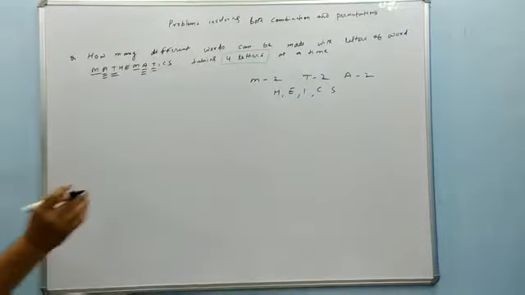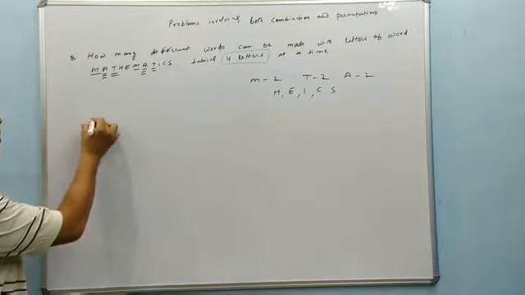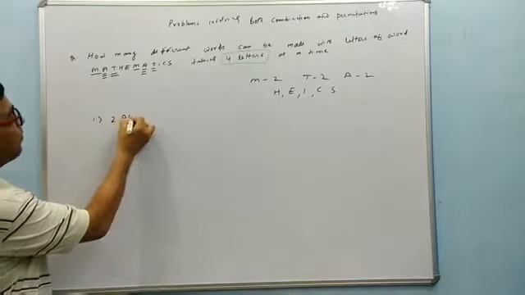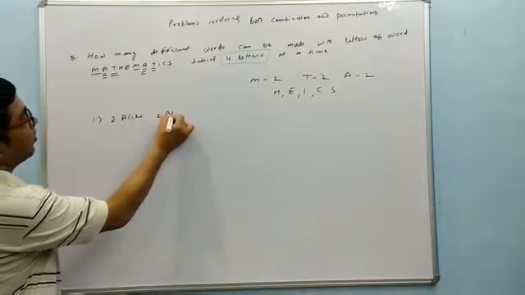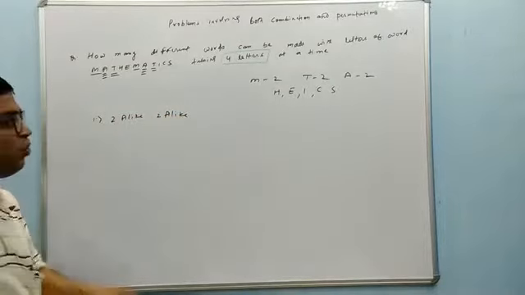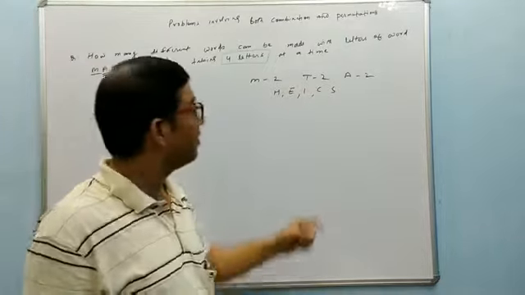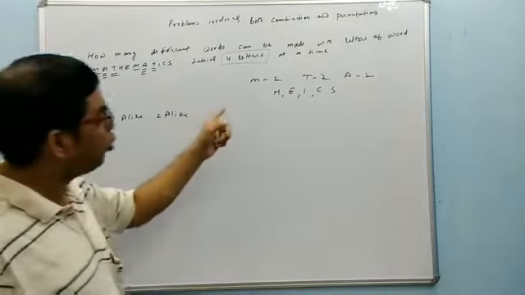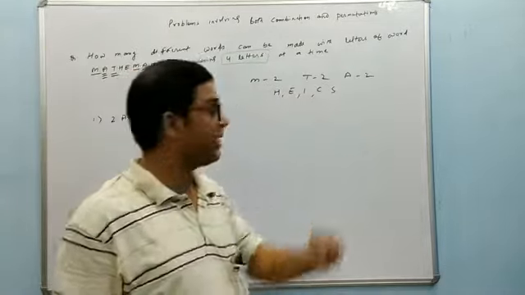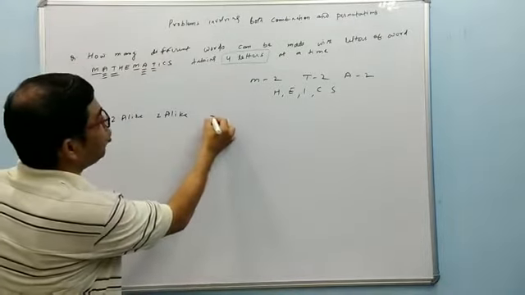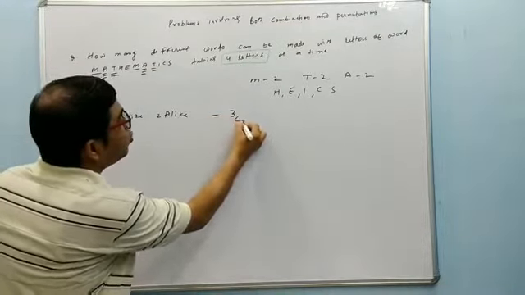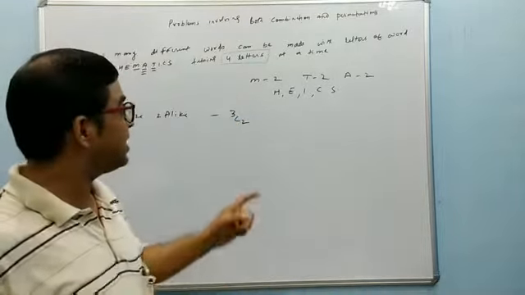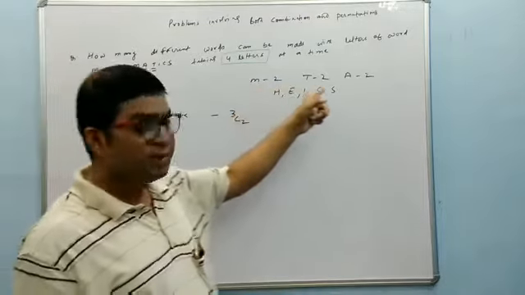See what is happening here. How many combinations we can make here? Case number 1. If we select two alike, because I have to select 4 letters. 2 alike means 2 alike, 2 M's, 2 T's, 2 A's, like that. So how many alike groups are there? 1, 2, 3 groups are there. So out of that 3 groups, if I am selecting 2 groups, I am with 4 letters, because each group is consisting of 2 letters. 3 groups are there.